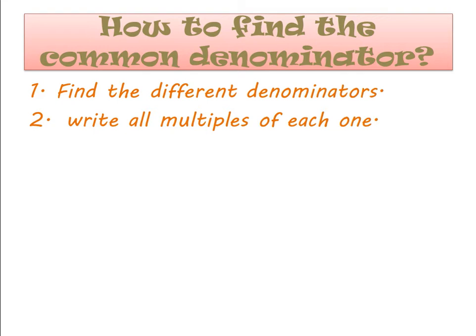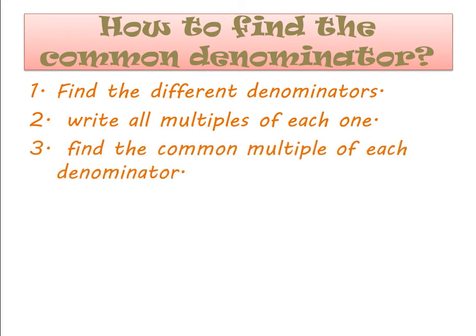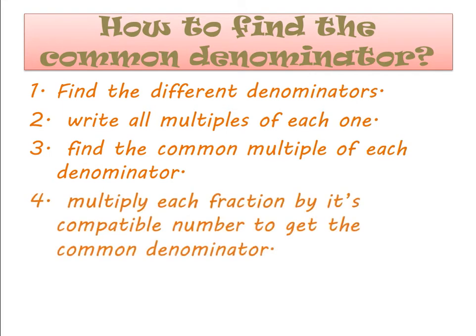And what are multiples? The timetable of each denominator. Step number 3, find the common multiple of each denominator. Step number 4, multiply each fraction by its compatible number to get the common denominator. And let's implement it.